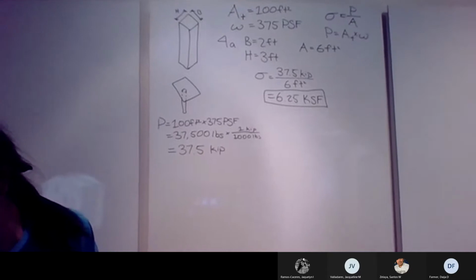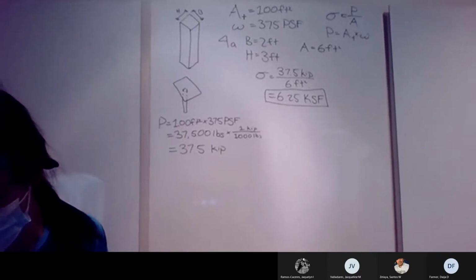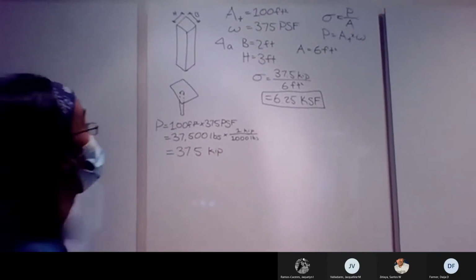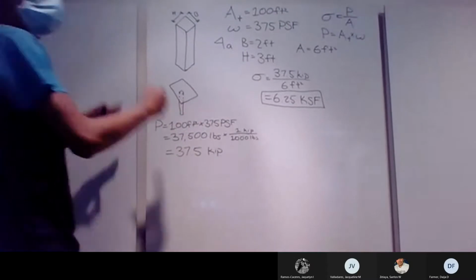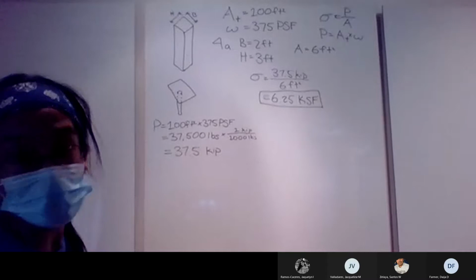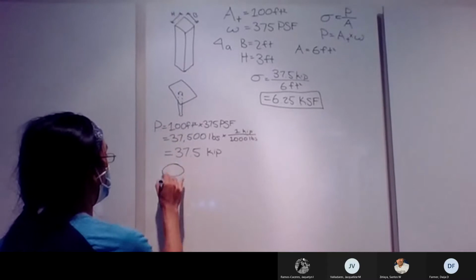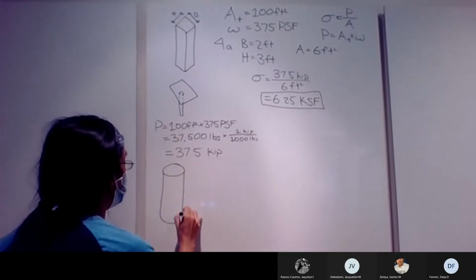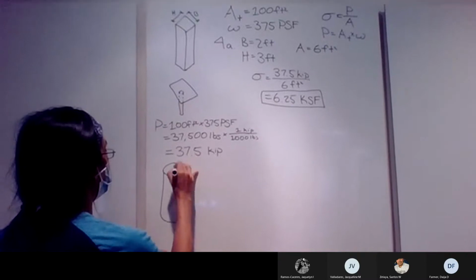All right, fantastic. We're just going to move on to 4C. 4C is a bit different, but still the same basic concept, except that we're going to have a round column with a radius r.